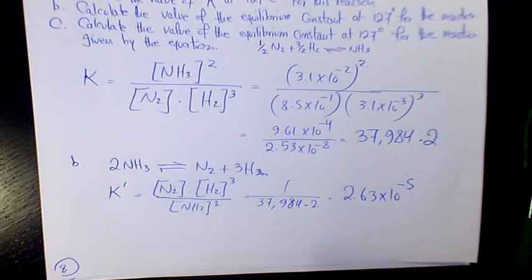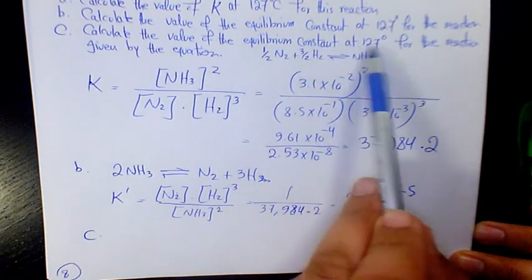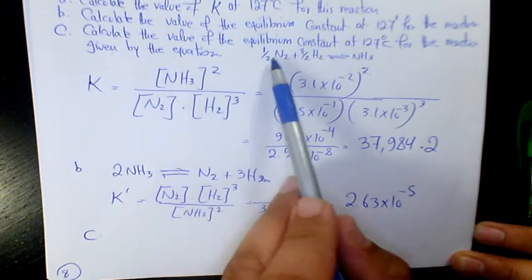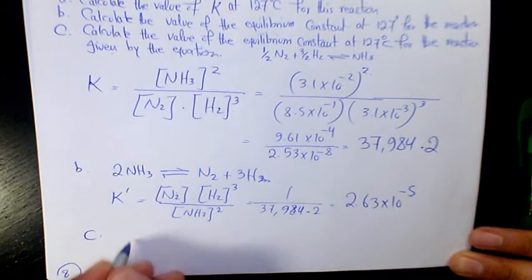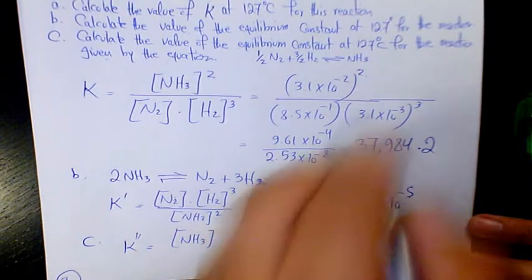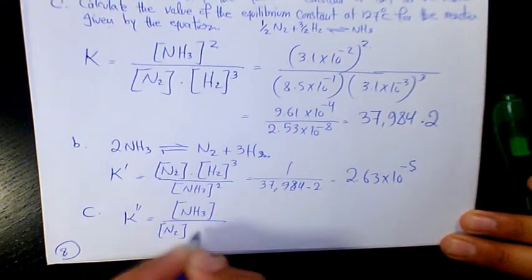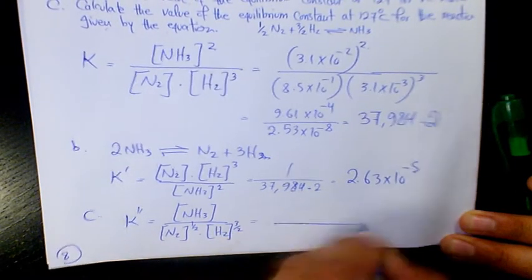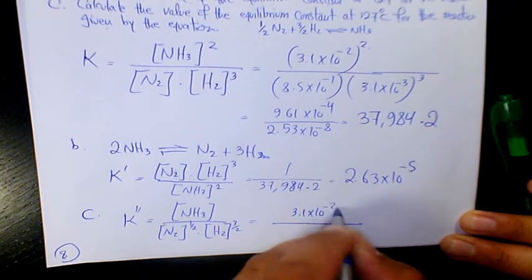Now in part C, it says calculate the value of equilibrium constant at 127 degrees Celsius for this reaction given by the equation 1/2 N2 plus 3/2 H2 gives NH3. So let's call it K double prime: NH3 to the power of 1 divided by N2 to the power of 1/2 times H2 to the power of 3/2. So NH3 is going to be 3.1 times 10 to the power of negative 2.